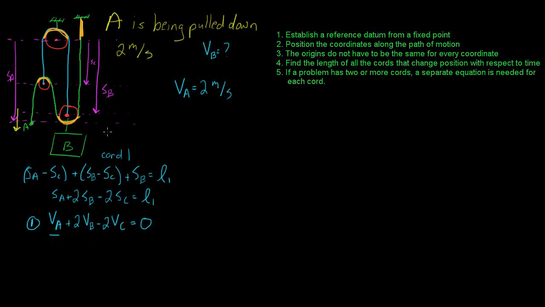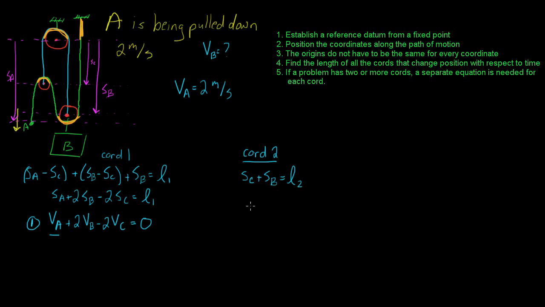And because we have two cords, we can look at the second cord, cord 2, and maybe this will give us some information that we need. So cord 2 is this blue line, and if we trace this from one end to the other, we get a cord length of SC plus a constant plus SB, and this is equal to another length, L2.